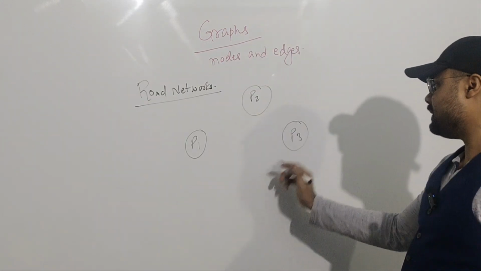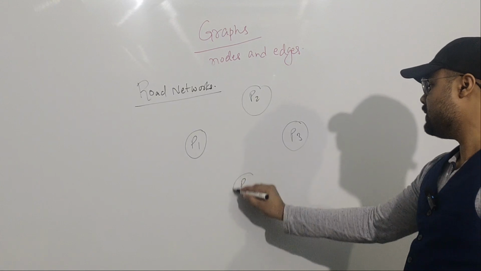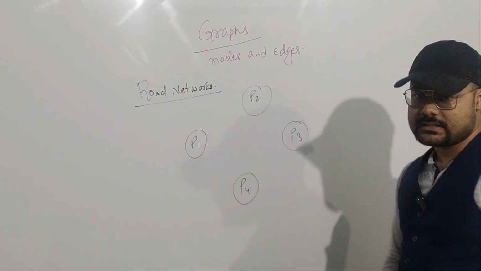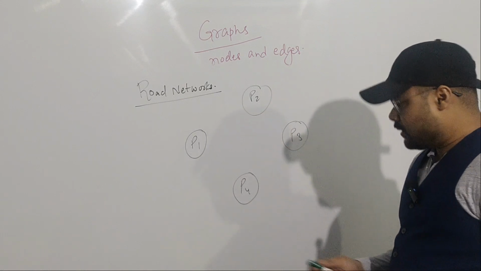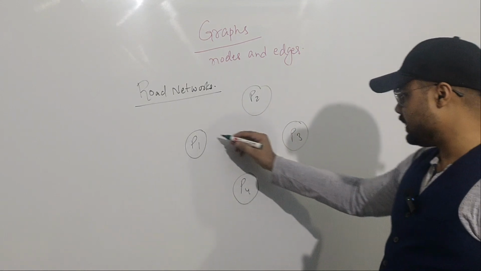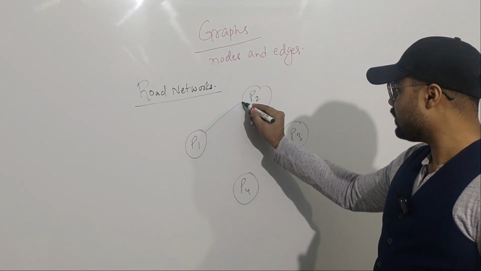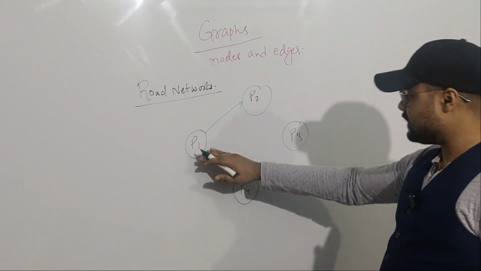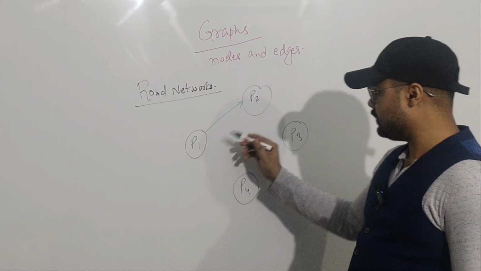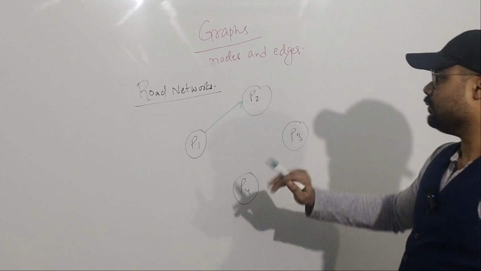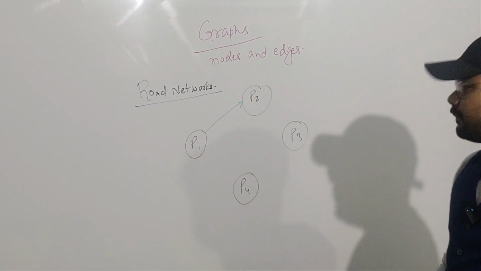You are representing each place as a node. P4 is another place. You are representing each place as nodes, and they may be connected. P1 and P2 may be connected. Okay. And if it's a directed edge from P1 to P2, it means what? It means that P1 is connected to P2, but there is no return way directly from P2.